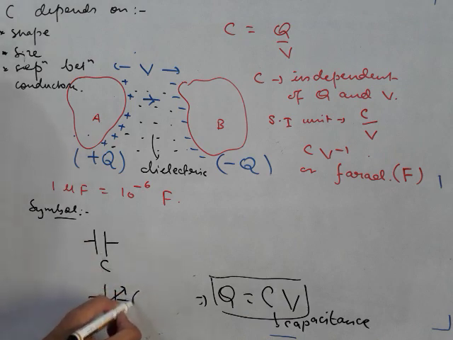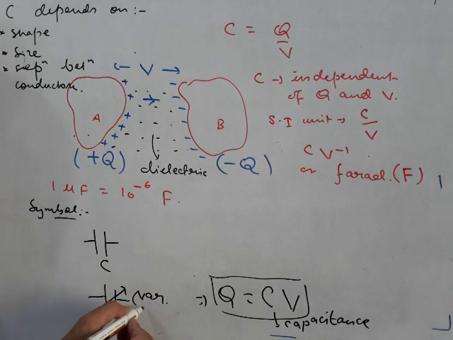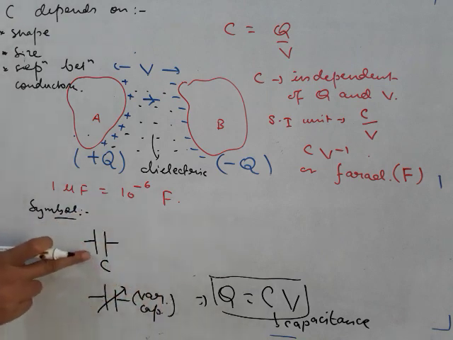So this is the symbol for a variable capacitor, and if you don't put the arrow, it will have a fixed value of capacitance. So these were some basic ideas regarding capacitors. They have important functions in circuitries. We will see them in some detail.